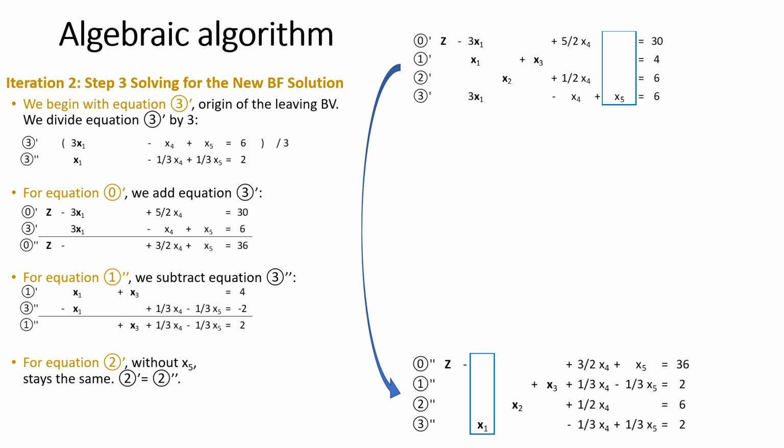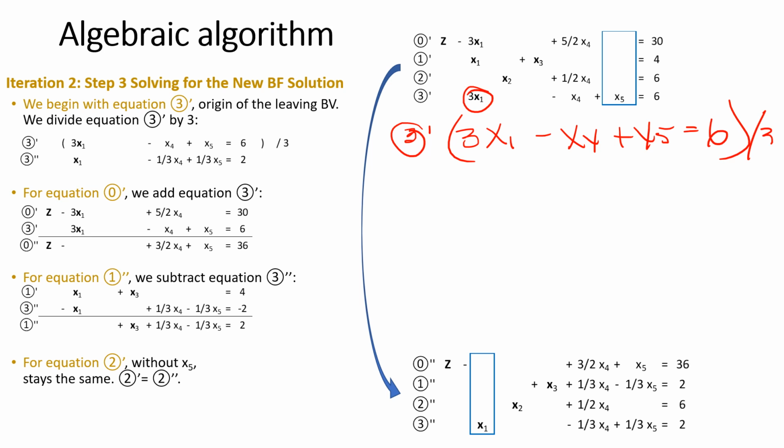So we're going to take this equation 3 apostrophe: 3x1 minus x4 plus x5 equal 6. We need this 3 to become 1, and the way we can do it is by dividing the whole equation by 3.